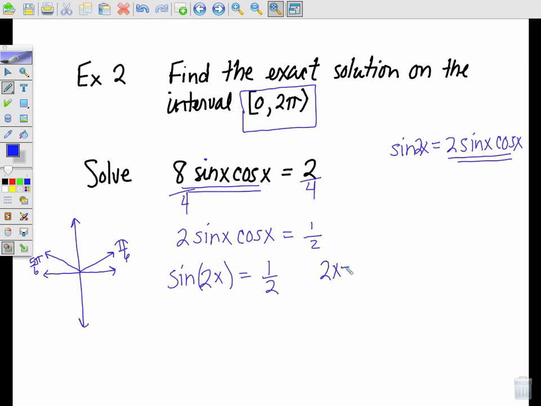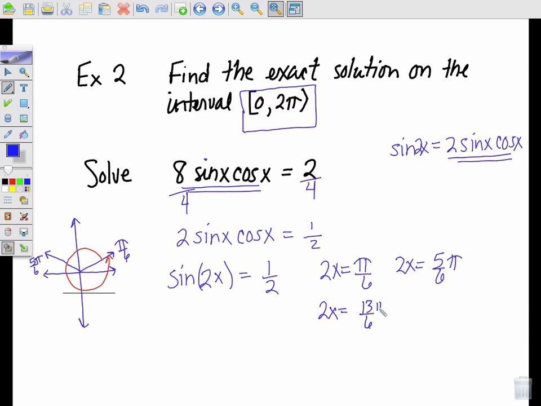So my solutions would be 2x would equal pi over 6, 2x would equal 5 pi over 6. The second time around, I would have 2x would equal, I have to do a full revolution here. So from pi over 6, I have to come all the way back around, which I'm adding 12/6.